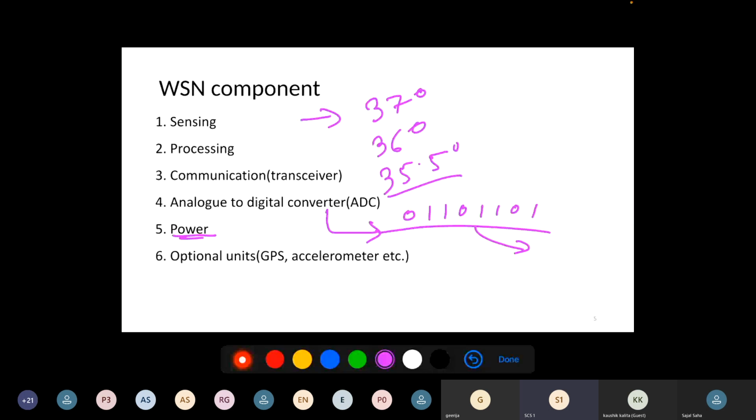Or if I want to check not only location but orientation, with respect to 3D geographical direction, I need the accelerometer and everything. So: sensing, processing, communication, ADC converter, power, and optional units, GPS and accelerometer. These are the things there.